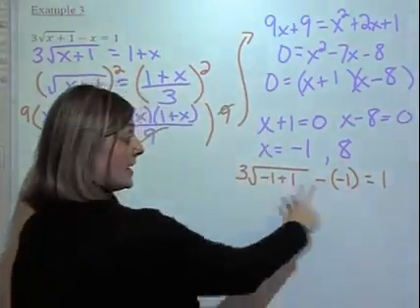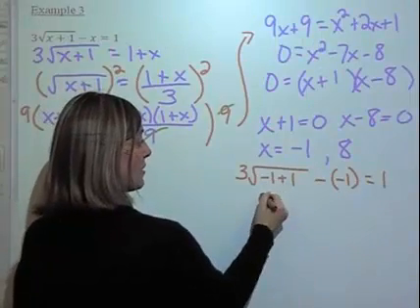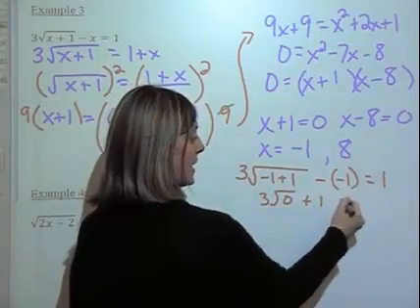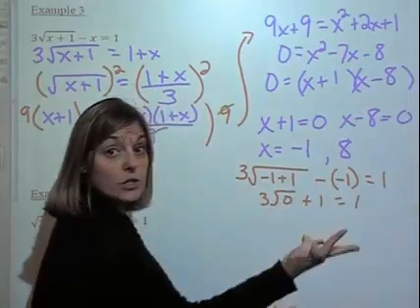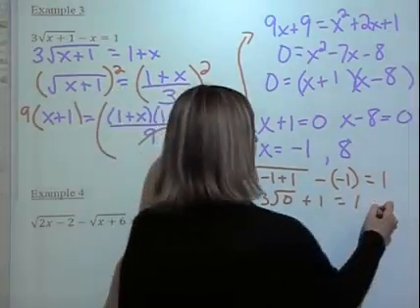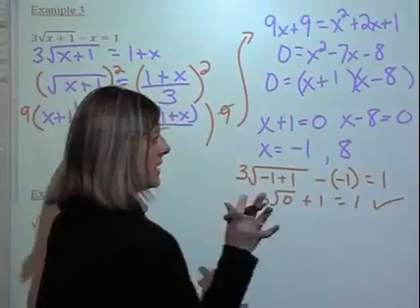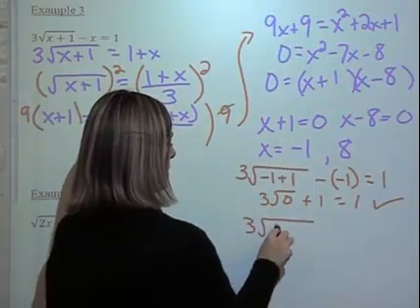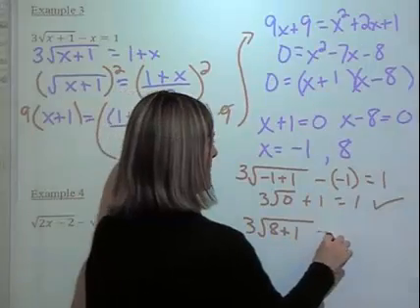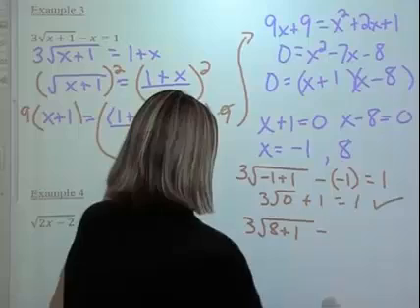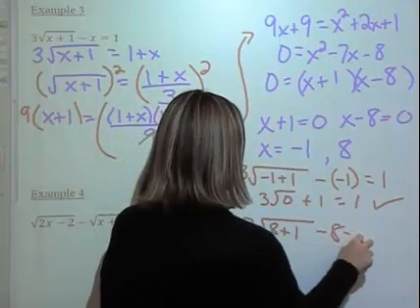So we plugged in the negative 1, and so here we get 3 times the square root of 0 plus 1, because minus a negative equals plus 1. Square root of 0 is just 0, so this disappears, and 1 does equal 1. So that one's good. So negative 1 is good. Now let's check the 8. So we do 3, then we have 8 plus 1 minus 8 equals 1.